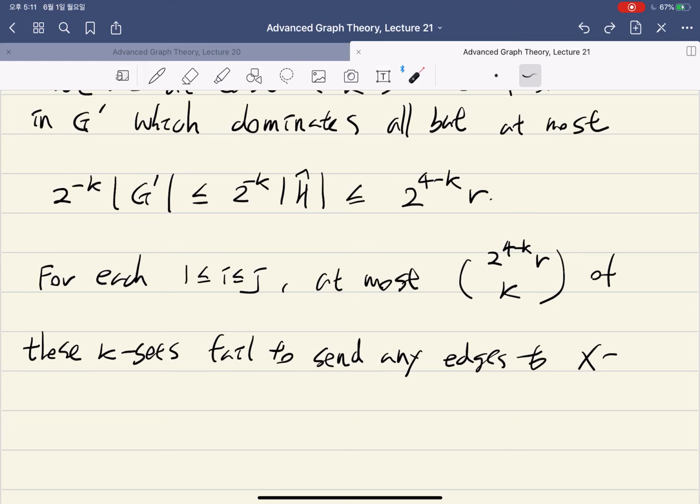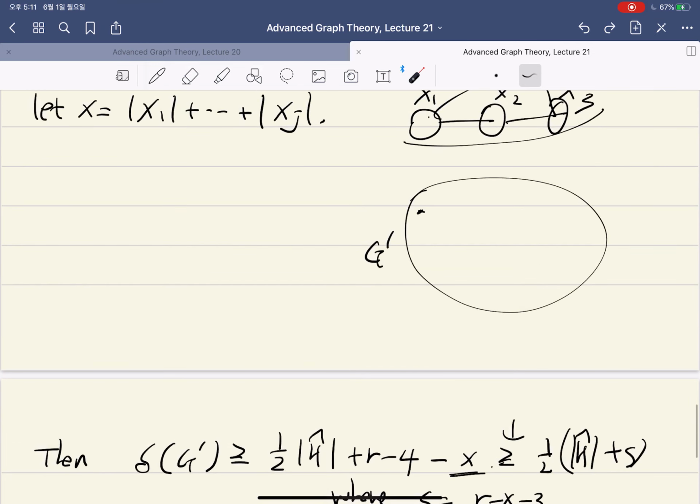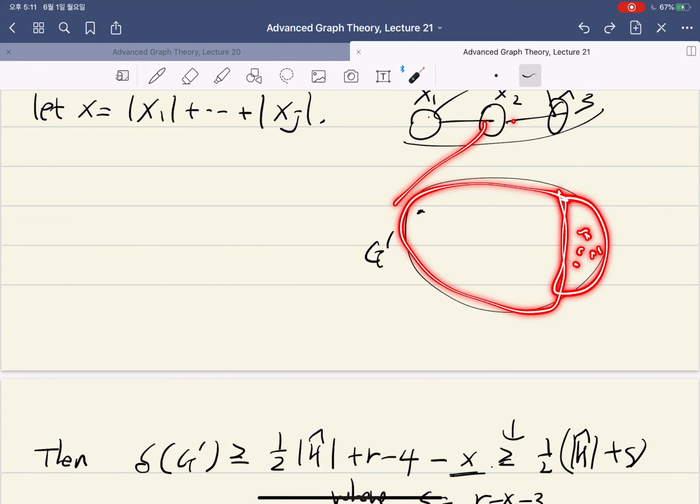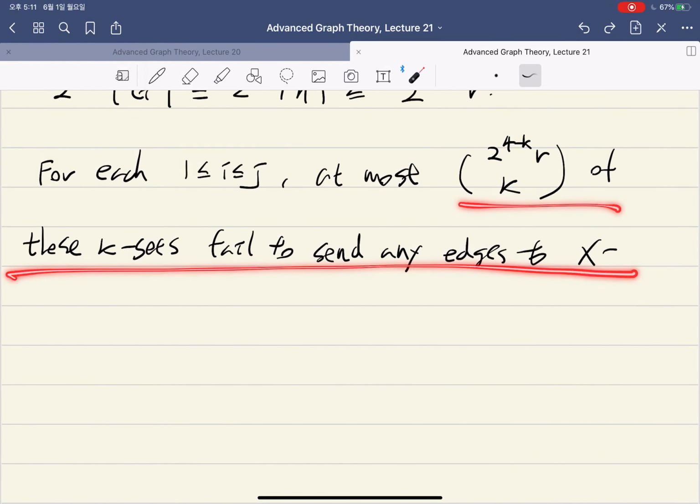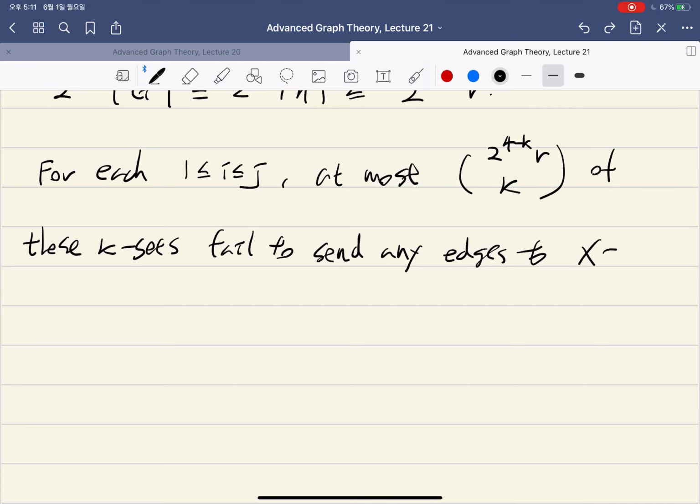So if you choose all the k vertices from the part which is not dominated by xi, then that many of k sets fail to send any edge to xi. However, there are j many choices, and each of them you take 2 to the 4 minus k times r choose k many.